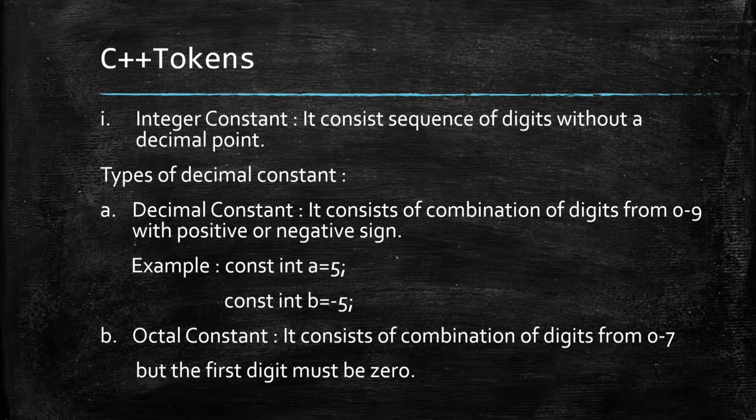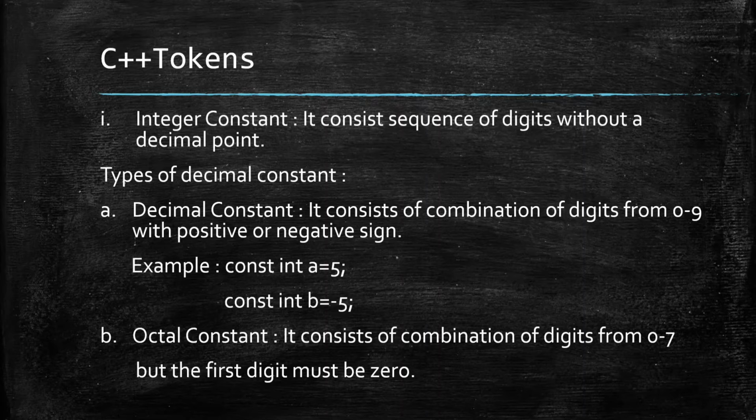Suppose I give a decimal point, what does it do then? It does not show you an error. It does not say anything. It says int, and I'll give the value something like 2.5. Fine. So what does it do? It converts. Again, there comes another concept called implicit and explicit conversion.